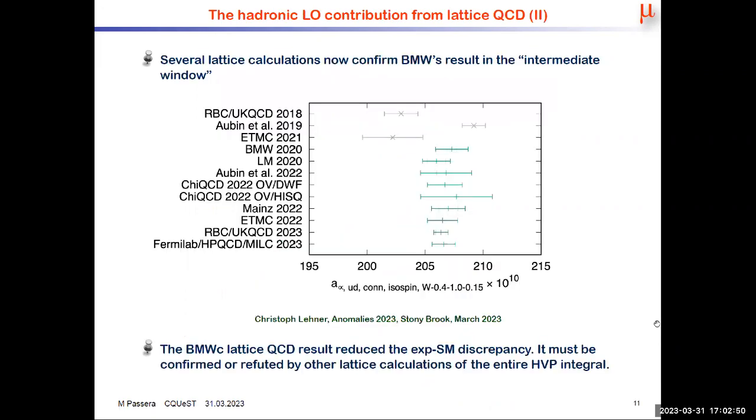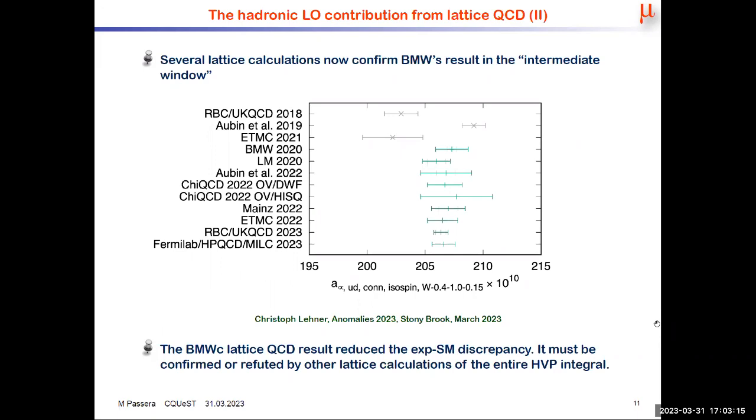But what we do have, and it's a very recent development, is a result for a window. So the lattice friends decided to choose a particular window in Euclidean time. And this window makes things easier for their calculation. So they all agreed on a window and they performed the calculation in this window. So it's not the full result, it's only a part of it, a little less than half of the overall contribution.